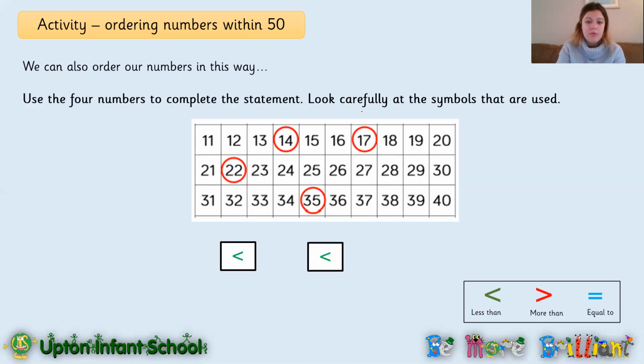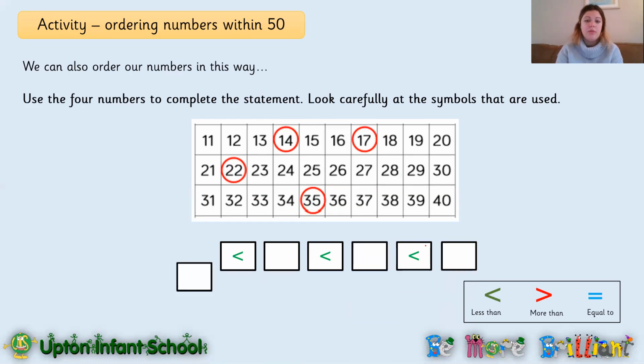So we have to put them in order from smallest to largest because we have our less than symbols. So let's have a look. We can see that 14 is our smallest number because it comes before all the other numbers. So we can write 14 here.